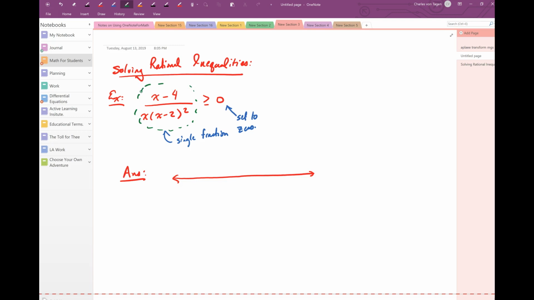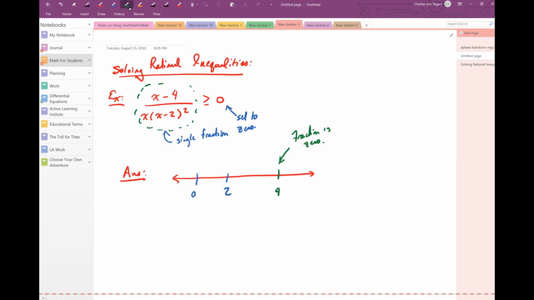So I'm going to go ahead and put the number 4 up here on this number line. How come? Because this is where the fraction is 0. And then I'm also going to put up the values 0 and 2.